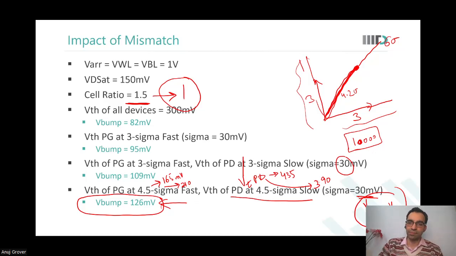Yes, so the V bump is almost similar for cell ratio 1.5 and cell ratio 1. No, 1.5 with mismatch and 1 without mismatch. Okay, understood. With the cell ratio of 1, if you put in mismatch, you will see there is a loss of bump there also. Okay, sir. Okay.